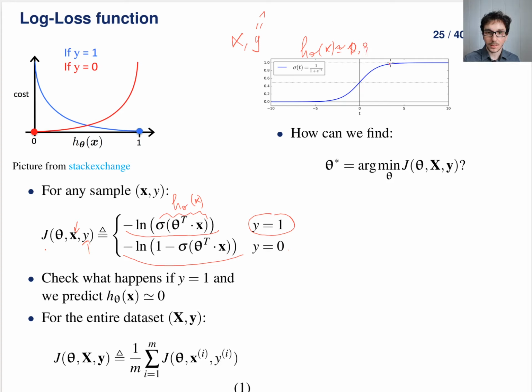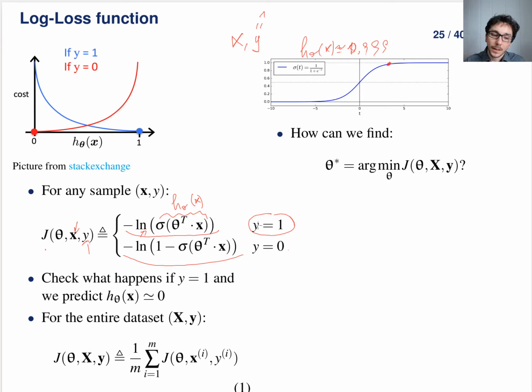So for instance, you're here. If you compute the logarithm of 0.999, the result is almost the logarithm of 1, that is almost 0. So the loss function is actually 0 or close to 0.